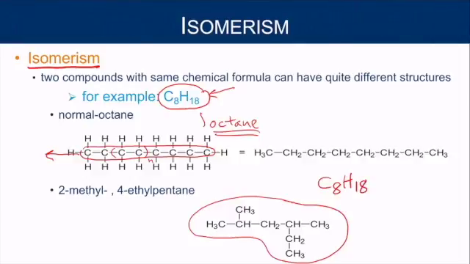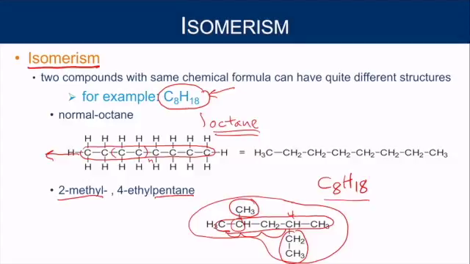C8H18, but the backbone, which is the main unit of carbon-carbon bonding, is actually 5 carbons, or pentane. We attach one of the carbons with its hydrogens, or a methyl group, on the second carbon. So we call that 2-methyl. And then on the 4th carbon over, we attach an ethyl group, 2 carbons and its respective hydrogens.